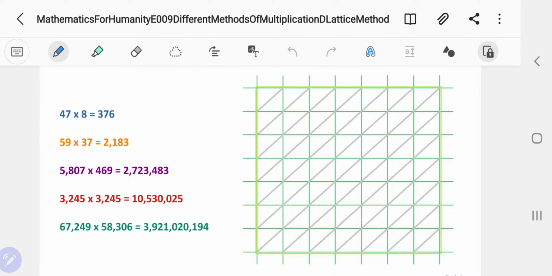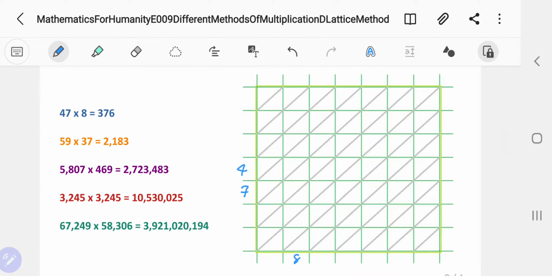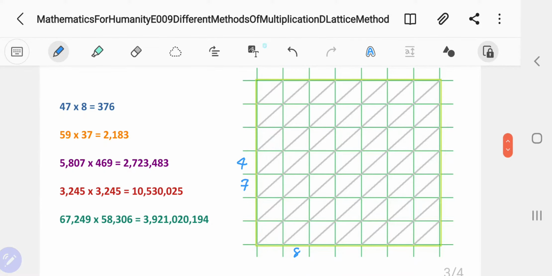So we have here 47, and then we multiply by 8. So we have 4 times 8, this would be 32. We write 32 here.